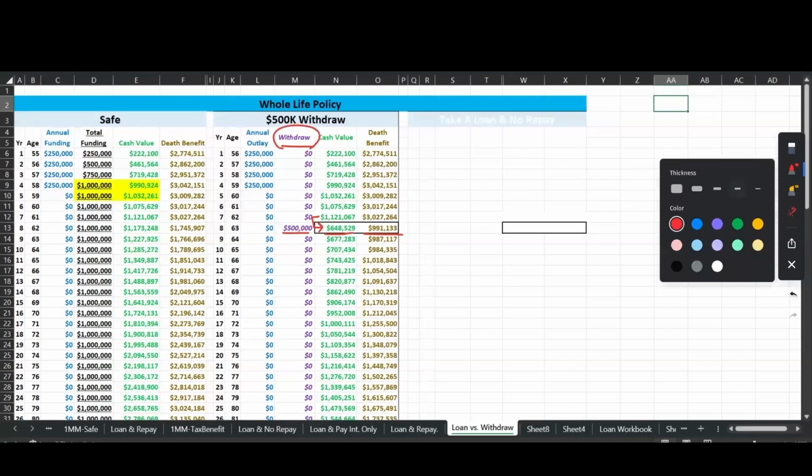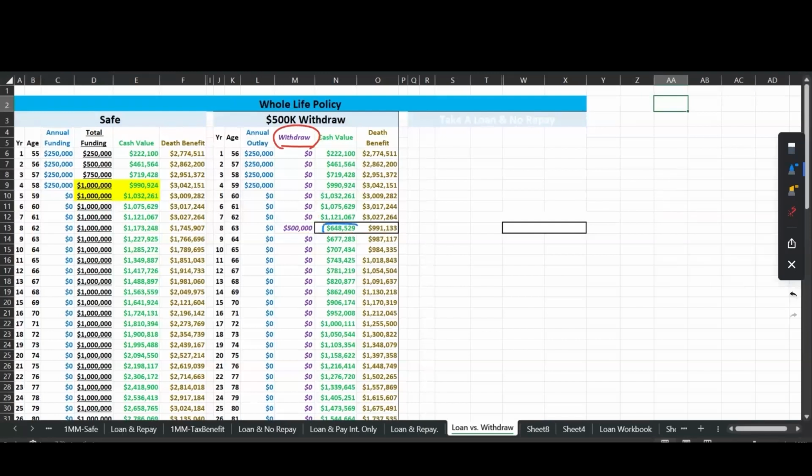So the balance that we have in this case is this guy. So now what's earning dividends and interest is the $650,000. The death benefit will grow with the cash value as well, so it does recover over time, but we're earning interest again only on whatever that balance is.